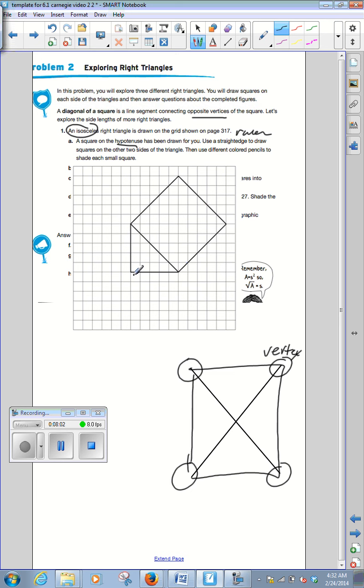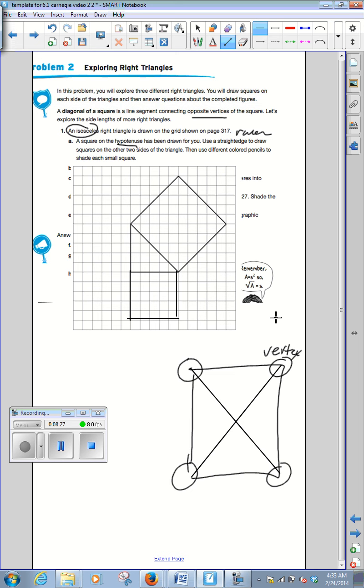Because the length of this side of the triangle is 1, 2, 3, 4, 5, that means I'm going to draw a square that's 5 wide and 5 long. 1, 2, 3, 4, 5. 1, 2, 3, 4.